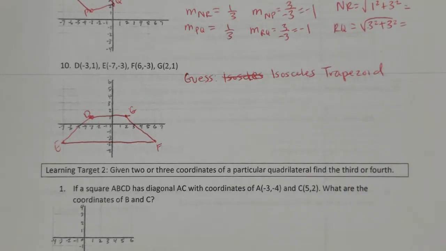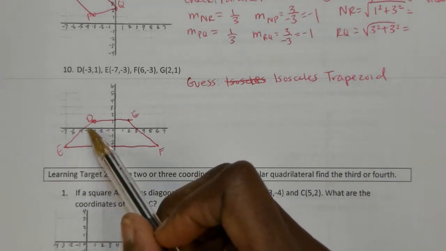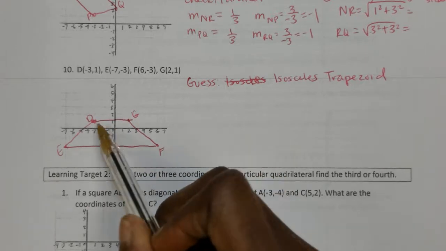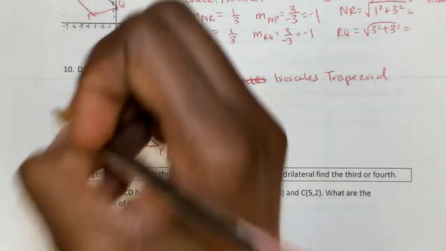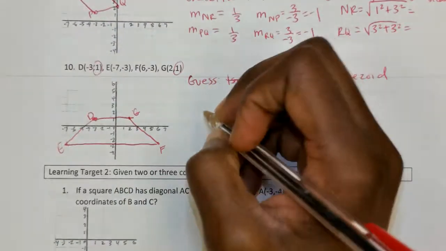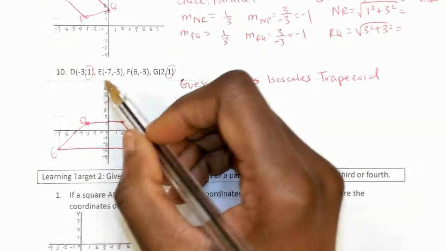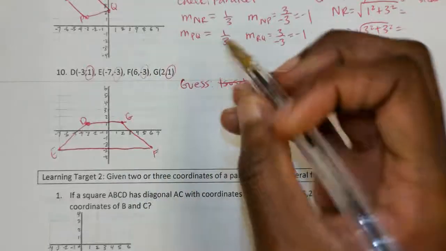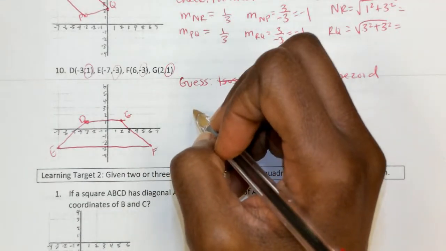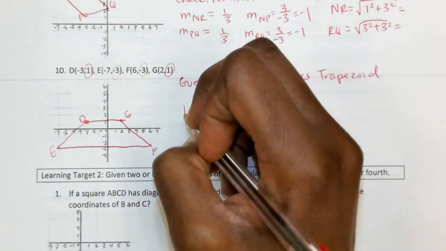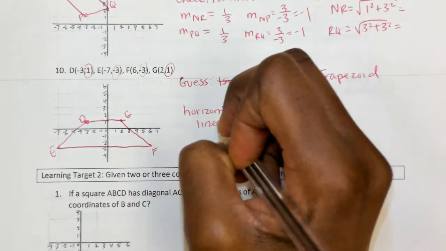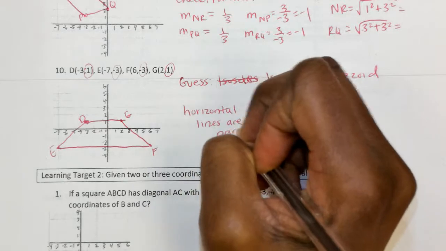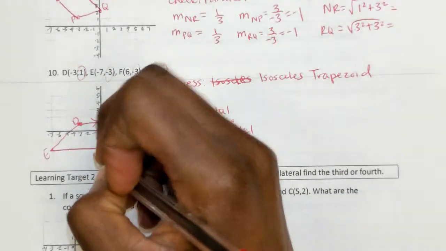So I can check to see if these sides are parallel. Because they're horizontal lines, they both have a y of 1. So I know that that's a horizontal line. And then EF, they both have a y of negative 3. So I know that the slopes are the same. I don't even need to calculate it because all horizontal lines are parallel. So I know that it's a trapezoid.